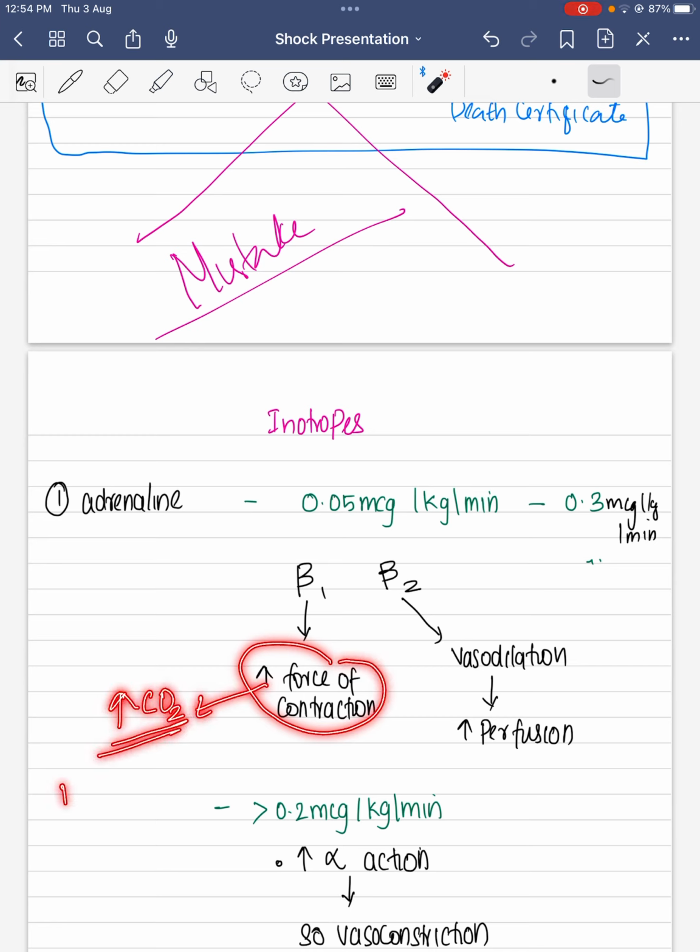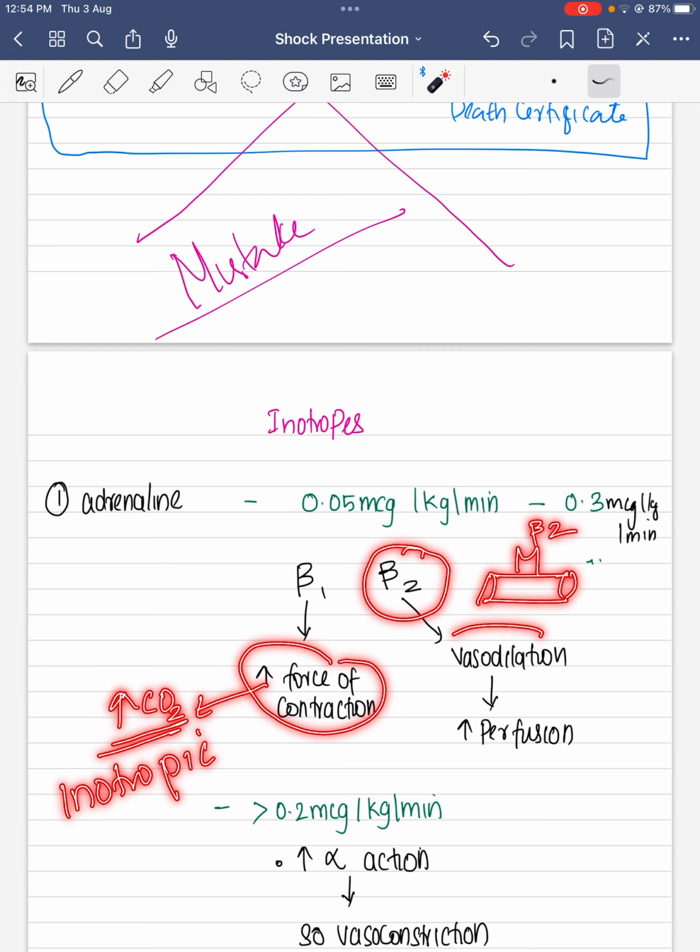So it has an inotropic effect, whereas beta 2 acts in the blood vessels having beta 2 receptors, and the effect is vasodilatation, so it will increase the perfusion.